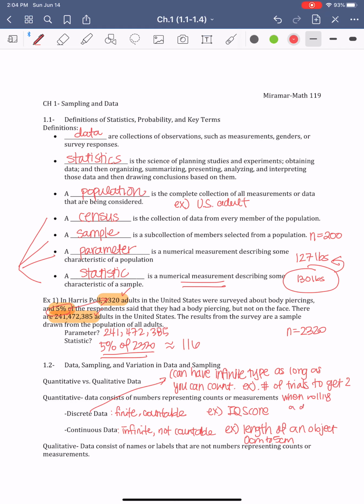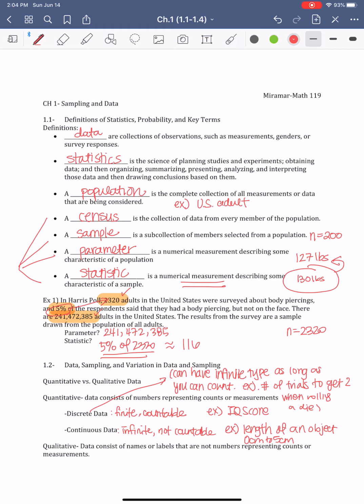Okay, so you roll a die for the first trial, you didn't get 2. So you roll the second one, you didn't get 2. You roll the third one, you finally got 2. So you go back and count: first one I didn't get 2, second one I didn't get 2, I got it on the third trial. So you actually count the trials.